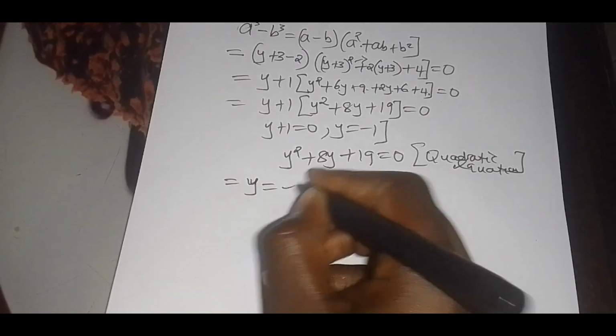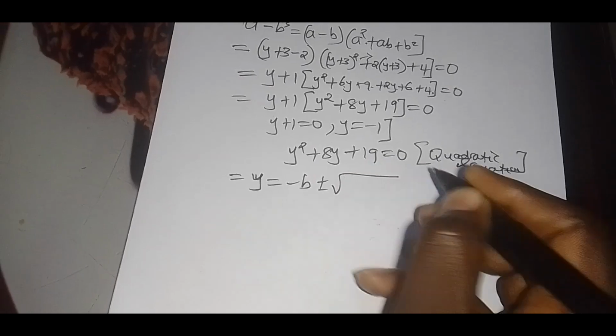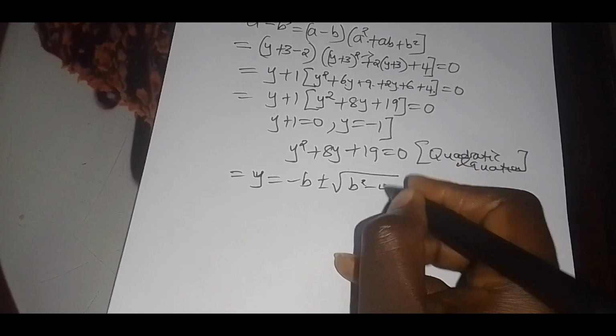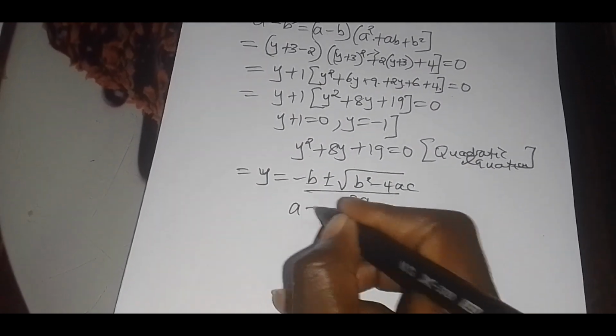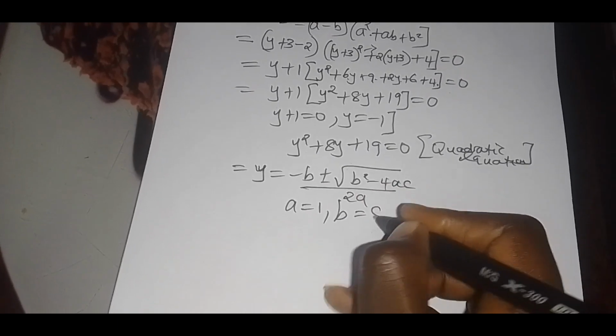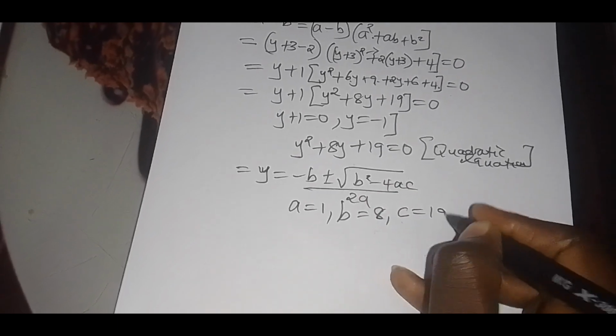y is equal to minus b plus or minus the square root of b squared minus 4ac, divided by 2a. From our quadratic equation, a is equal to 1, b is equal to 8, and our constant c is equal to 19.